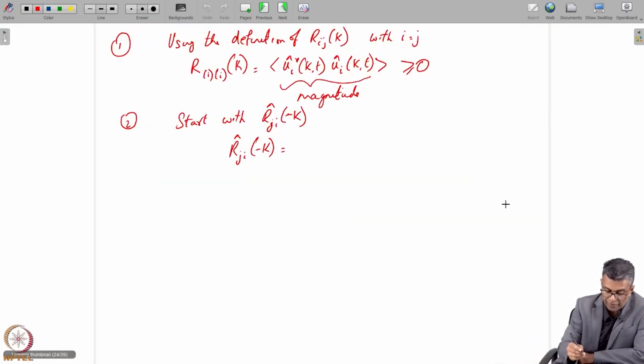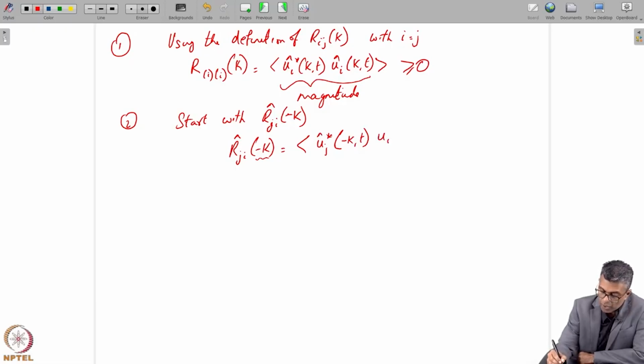Using the definition, this just becomes, obviously, covariance open, uj star of minus kappa comma t hat, of course, times ui hat of minus kappa comma t, isn't it?